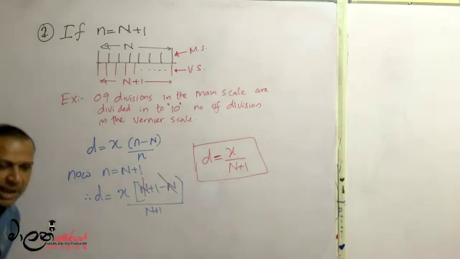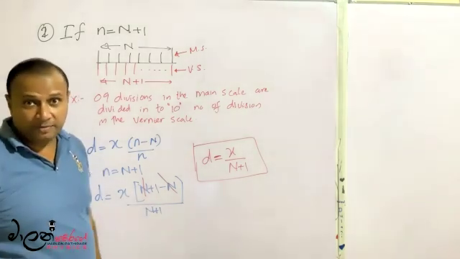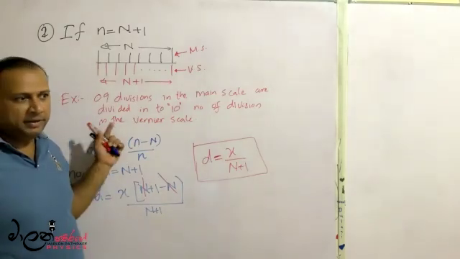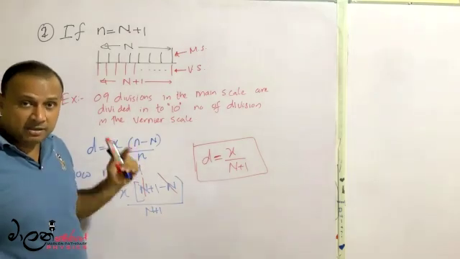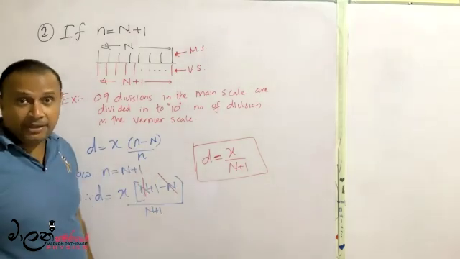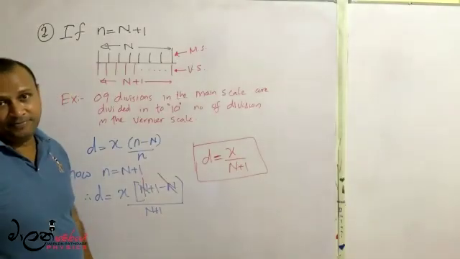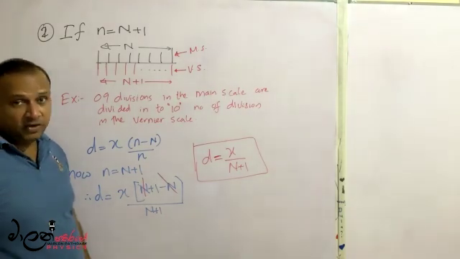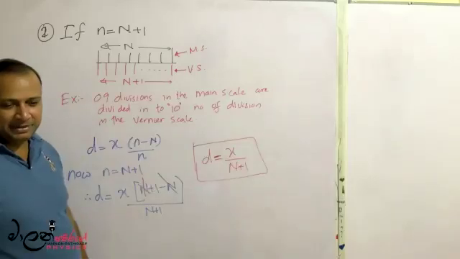So in the previous example, the main scale has 9 divisions, and those 9 divisions are divided into 10 equal divisions in the Vernier scale. Therefore, the difference between the number of divisions is equal to 1.